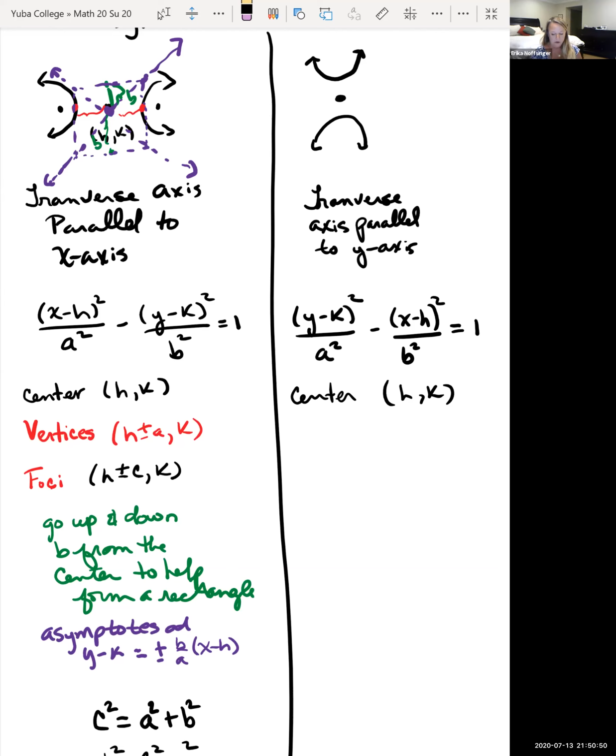Here on our transverse axis, we're going to go up and down to get our vertices. And so you would add or subtract a to get that. And we're doing it from our y value of our point. So our vertices are at h, comma, k plus or minus a.